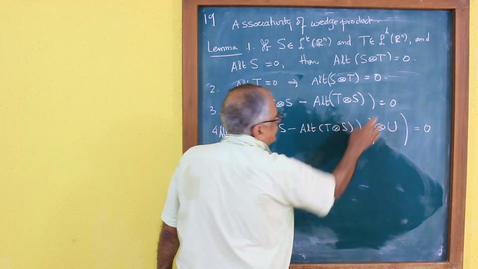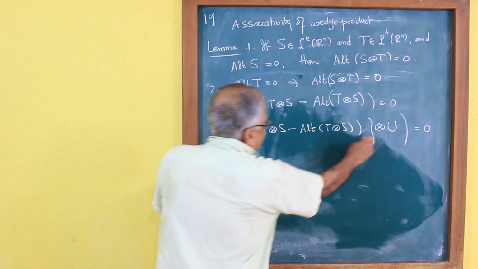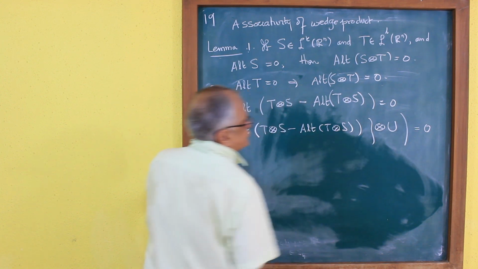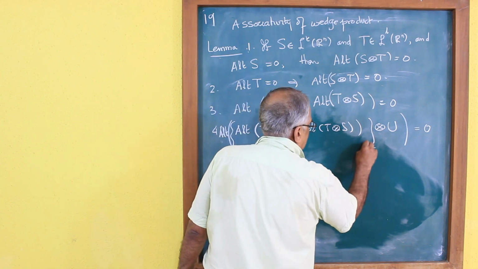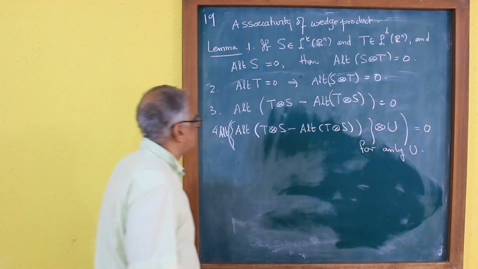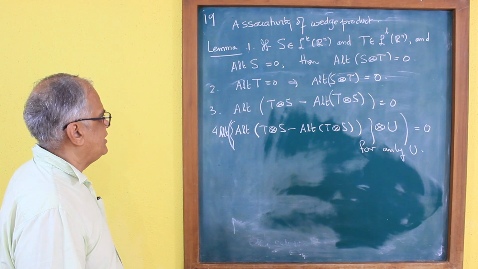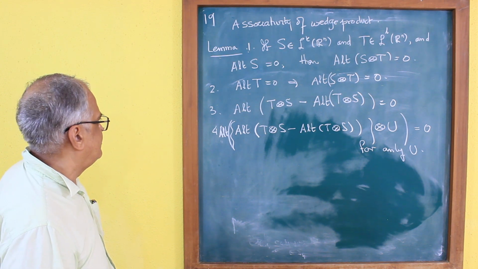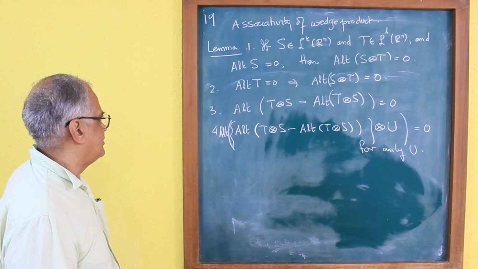Alt of this quantity is 0, and therefore alt of this thing whose alt is 0, tensor with anything, alt of that is also 0 for any u. Yes? What does this say? This says that alt of something tensor something is 0.